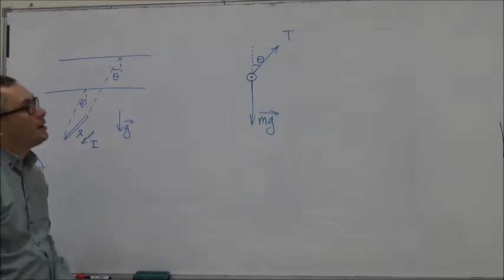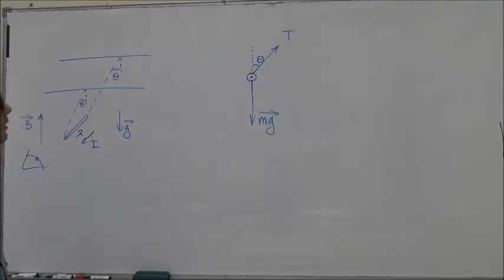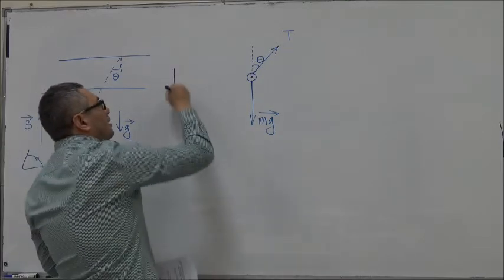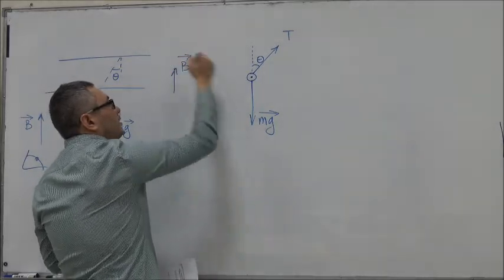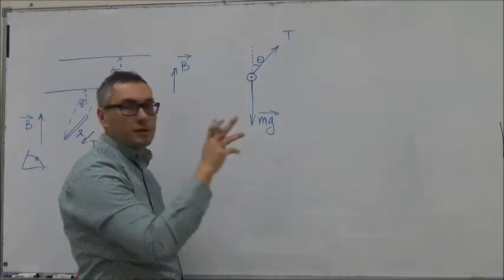So let's first find the direction of that magnetic force. Now we know that magnetic field is pointing upwards, and the current is going towards us.